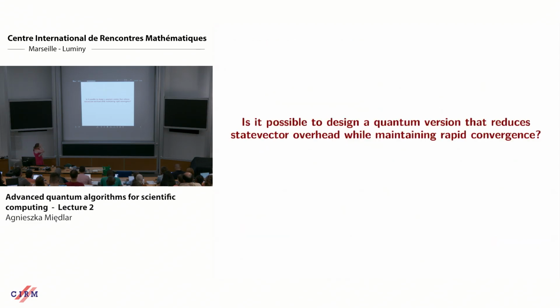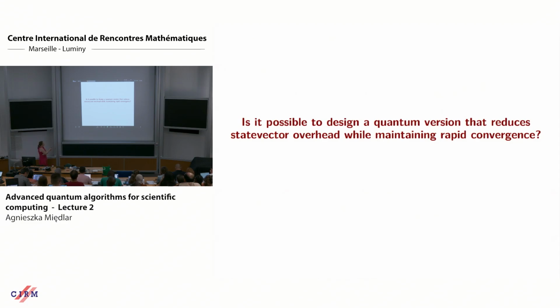So I will now focus mostly, you will see the reference in a minute, on what's called quantum Lanczos, which was introduced by William Kirby from IBM, who is one of the leading people working on Krylov methods for quantum computers.